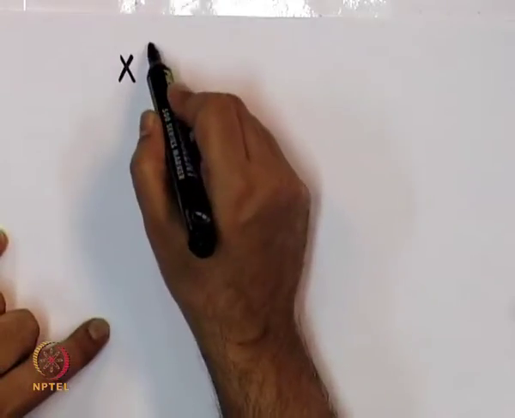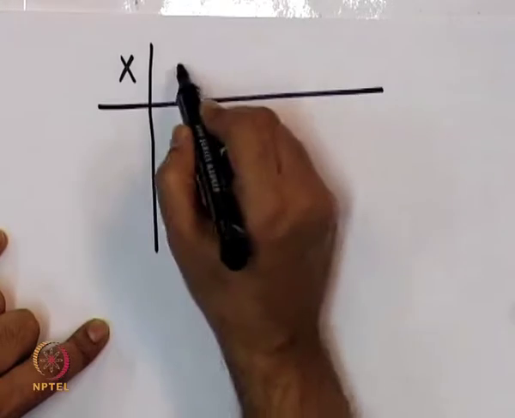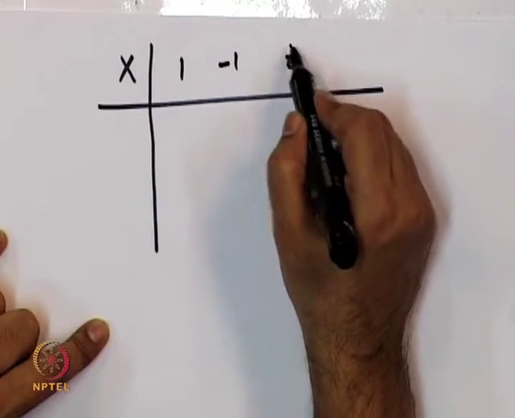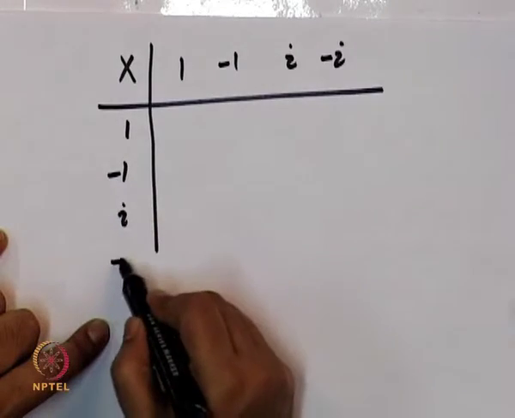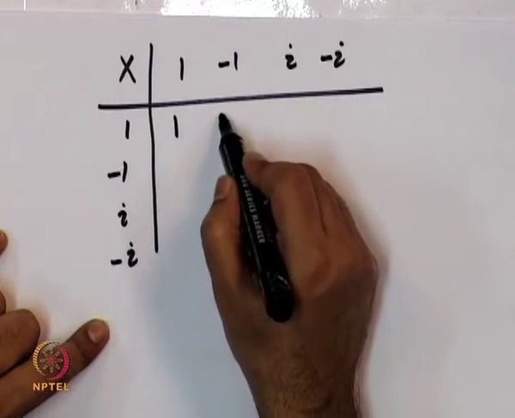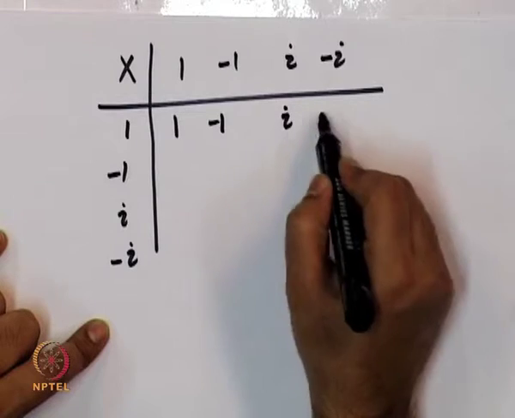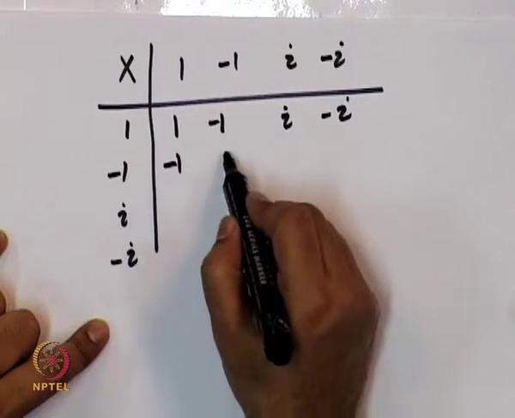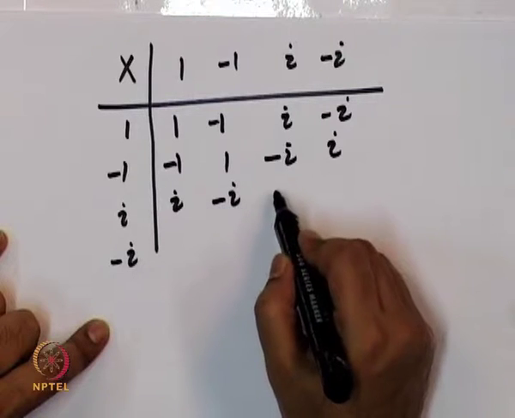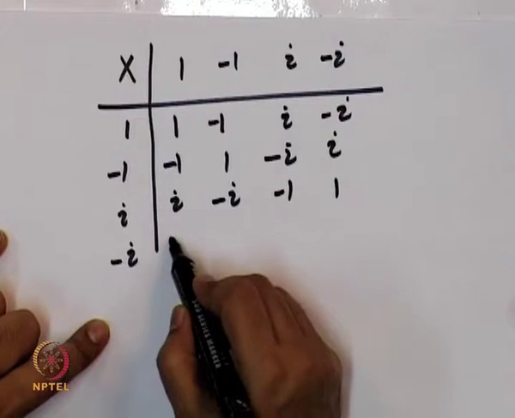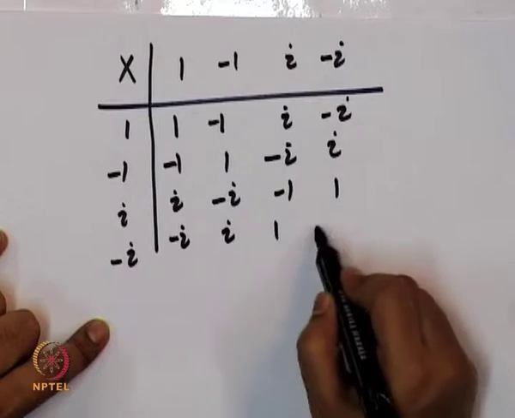So, let us take the multiplication table that we defined for 1, minus 1, i, minus i. I had 1, minus 1, i, minus i, minus 1, 1, minus i, i, i, minus i, minus 1, 1, minus i, i, 1, minus 1.